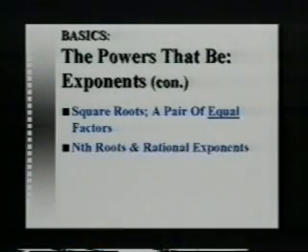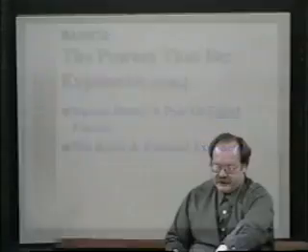So let's go back to my list of topics. We looked at square roots, which is a pair of equal factors. And now let's go ahead and look at nth roots and rational exponents. The rational exponents we've already talked about. Now we're going to talk about nth roots. Those will not give a pair of equal factors. They will give n equal factors, as you will see in just a moment.